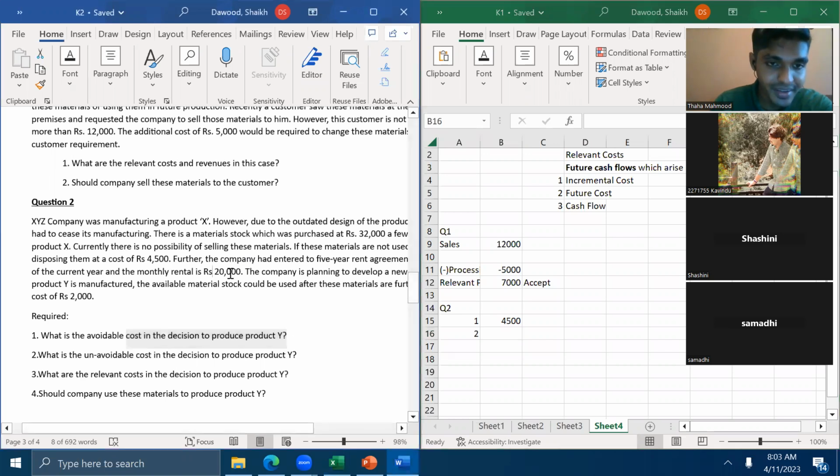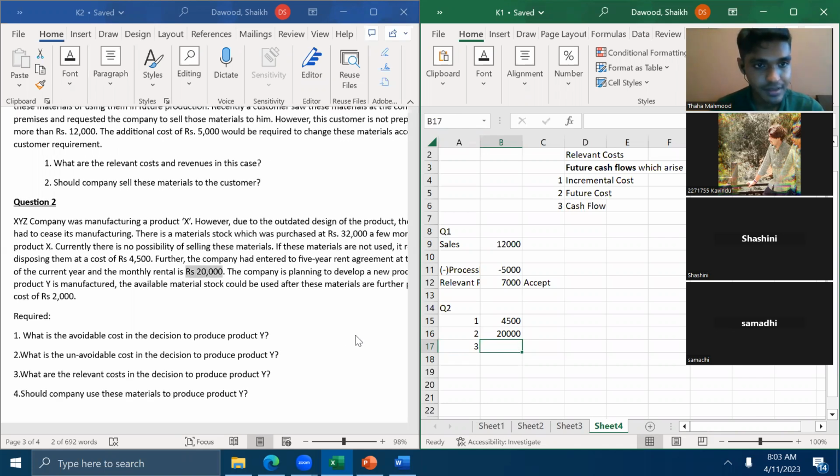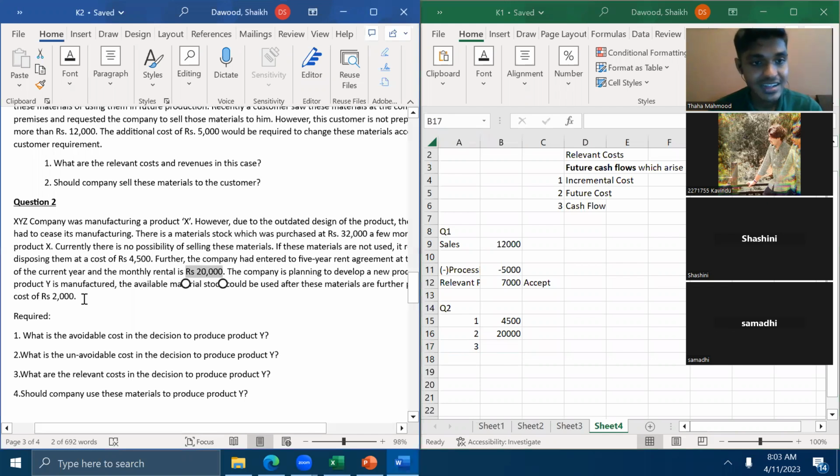The 20,000, like I said earlier, is an unavoidable cost. Regardless of the decision we make, we have to pay this 20,000 rent; it's unavoidable. What is a relevant cost when making the decision? Then we are getting to the point of the decision the company should take. They have not even given the selling price.